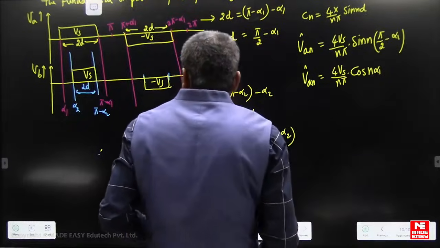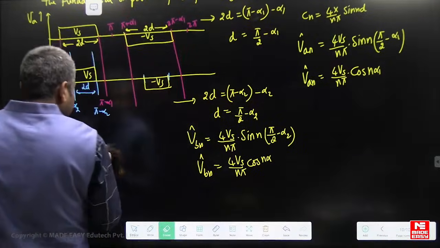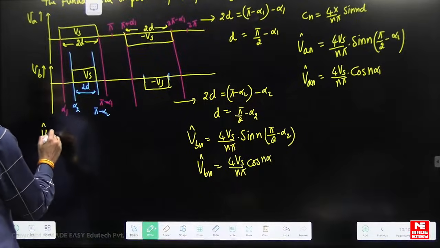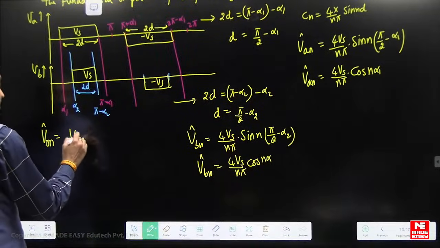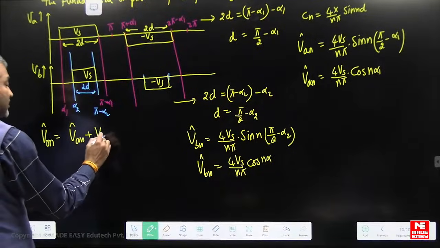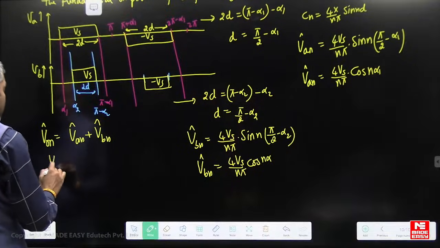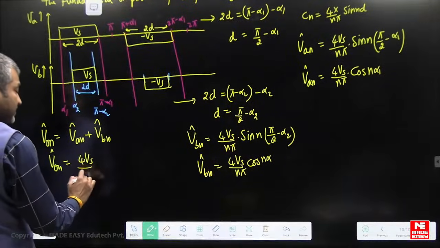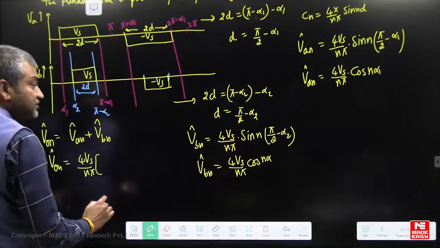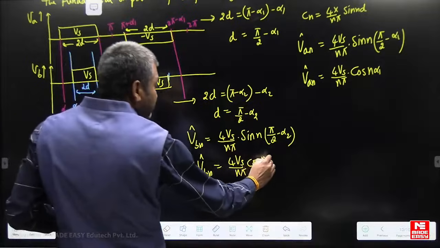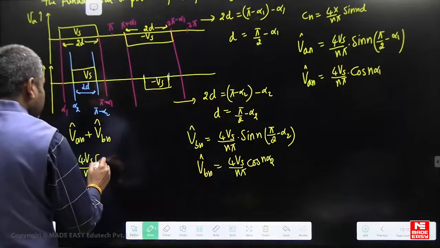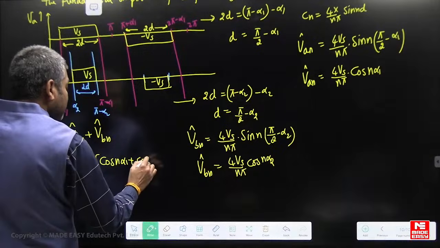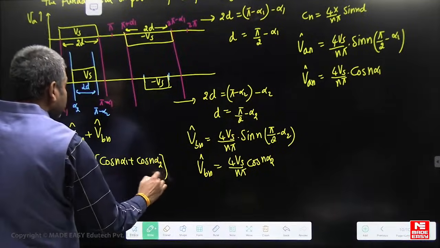Now, what is the resultant amplitude? The nth harmonic resultant amplitude is the nth harmonic of VAN plus the nth harmonic of VBN. So the nth harmonic amplitude of the resultant is 4Vs by n pi, which is common, times cos n alpha 1 plus cos n alpha 2.